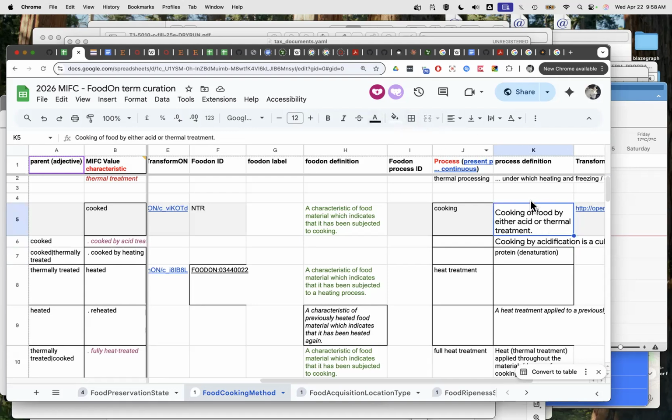So I think, because of this constraint, the awkward confluence of these two subclasses, I'll do it that way. So cooking by acidification.